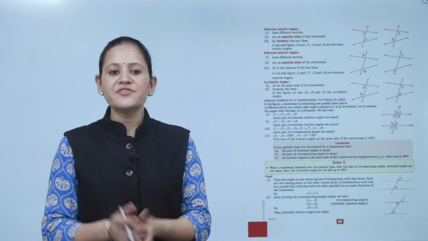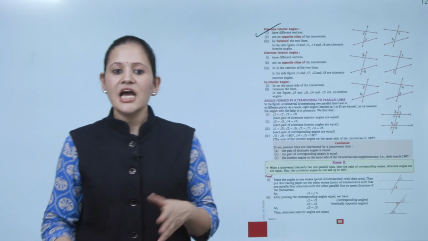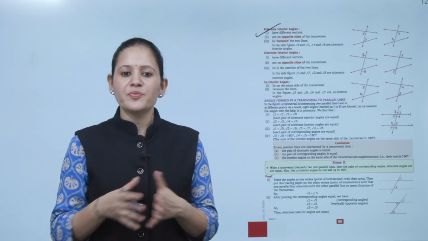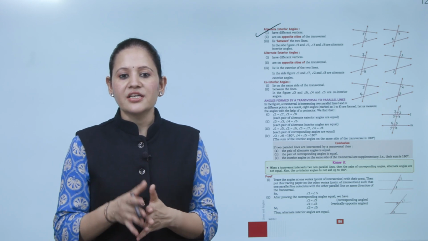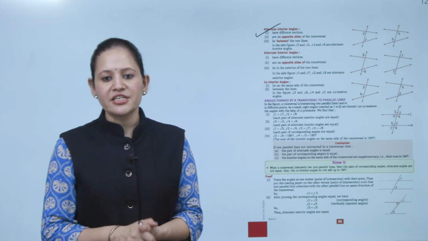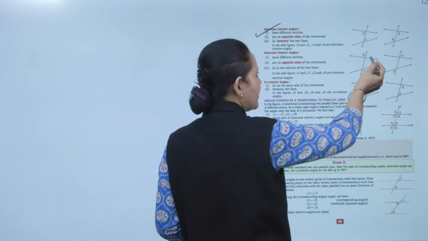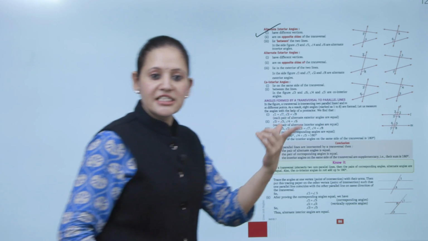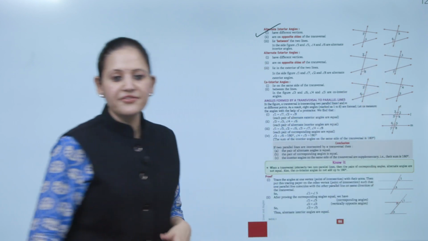Next is alternate interior angles. They have different vertices, are on opposite sides of the transversal, and lie between the two lines. In the above figure, 3 and 5, 4 and 6 are alternate angles. So 3 is on one side, 5 is on the other side, they are alternate interior angles, and 4 and 6 are also alternate interior angles.